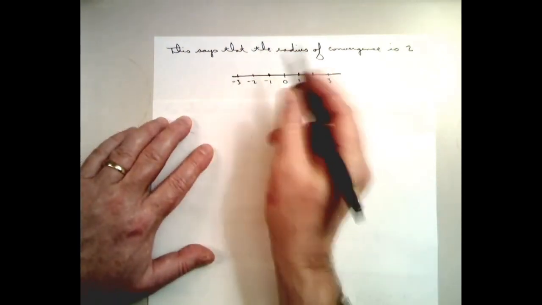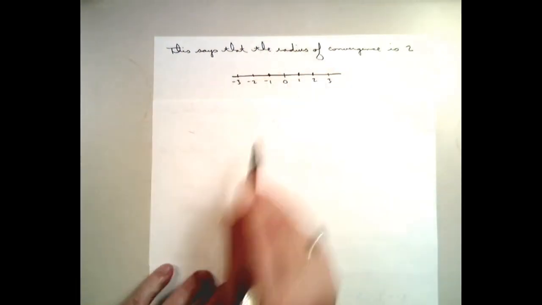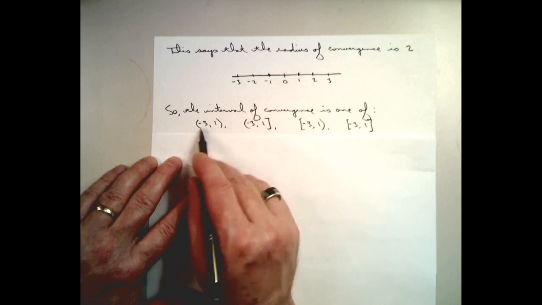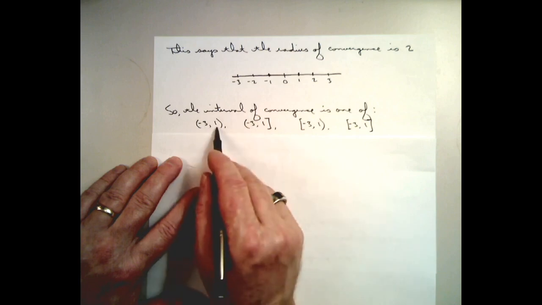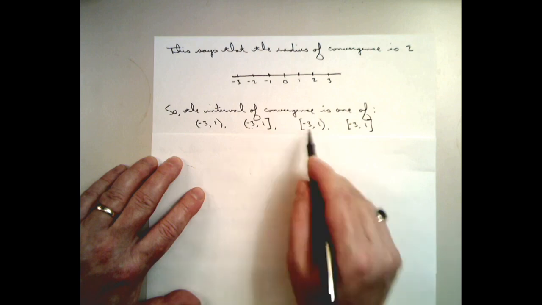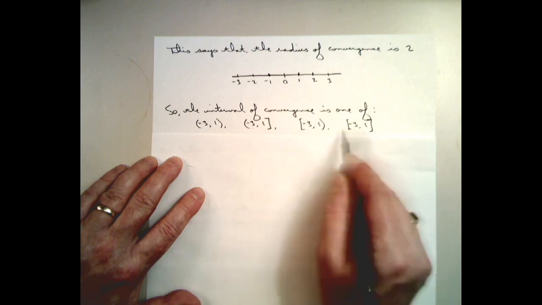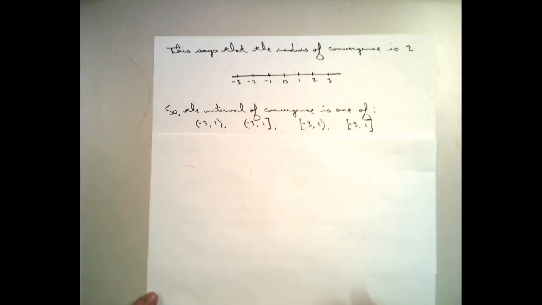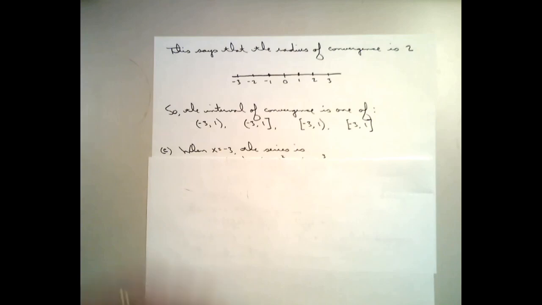So my interval of convergence has to be one of the following intervals. It's either going to not include either -3 nor 1. It's going to include maybe 1 but not -3. Maybe it includes -3 and not 1, or maybe it includes them both. One of these is going to be my interval of convergence. We have to check those endpoints separately.